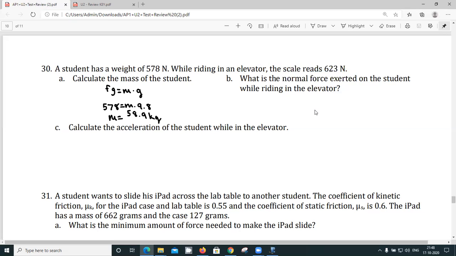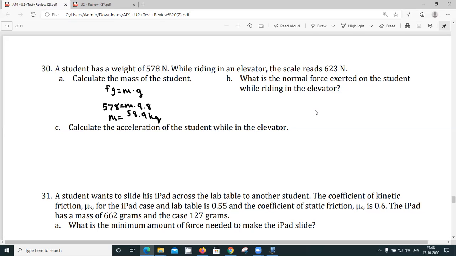So in some sense, it's a normal reaction. Suppose the scale is dropped from the first floor, and you're also dropped along with it. Then what will be the reading on the scale? Like in free fall? Yeah, 0, because the normal reaction is zero.